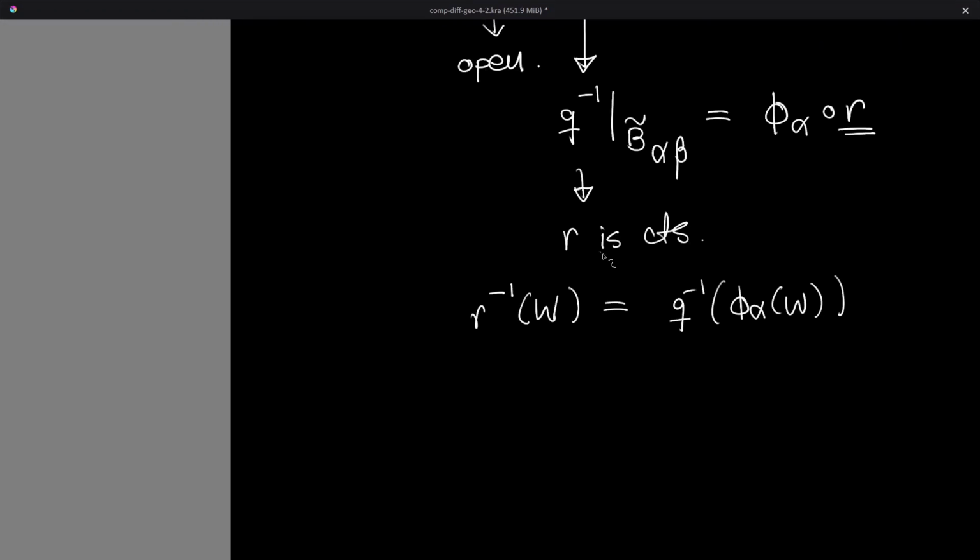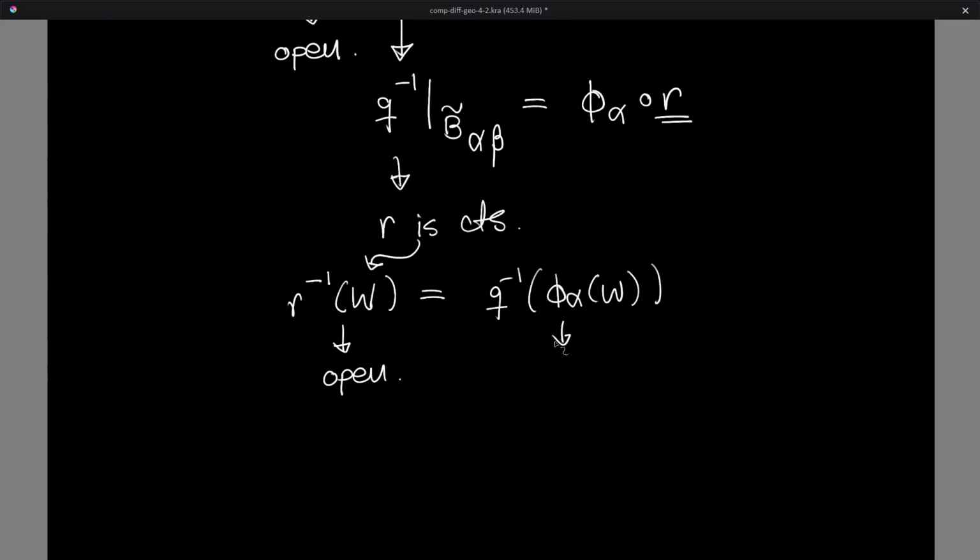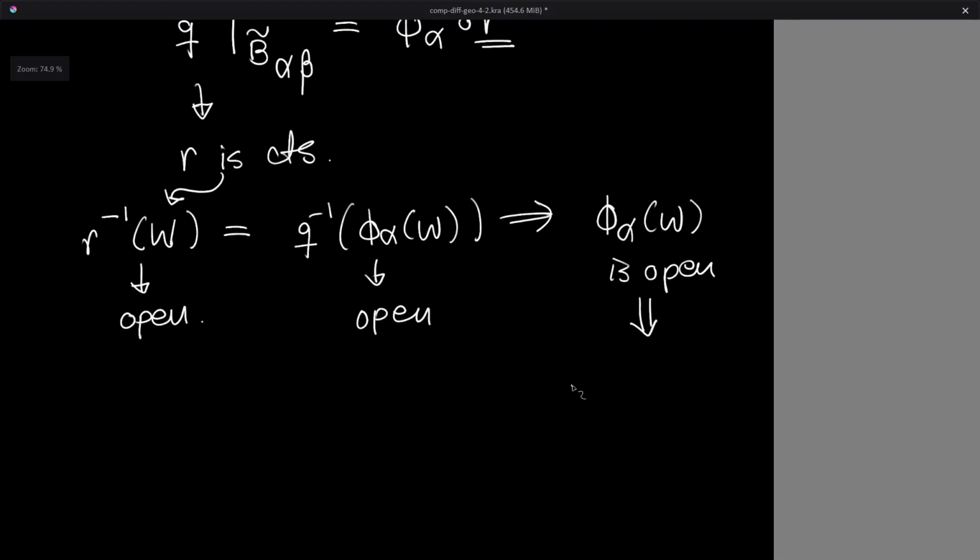But if this is continuous, then this is open, which means that phi alpha of W is open, which implies our result, which we wanted, which is that phi alpha inverse is continuous.